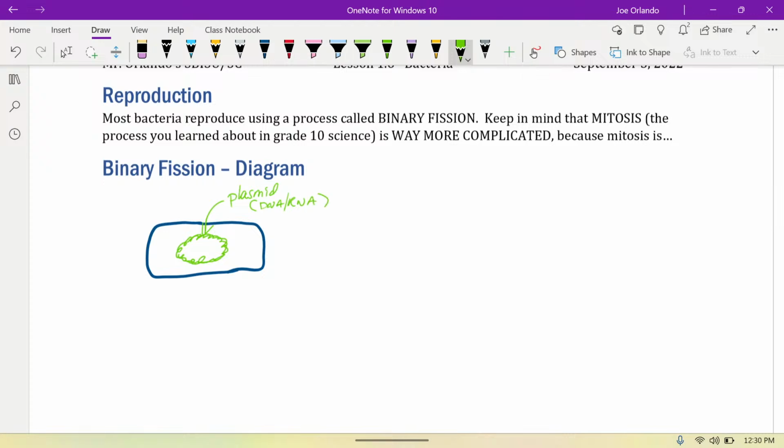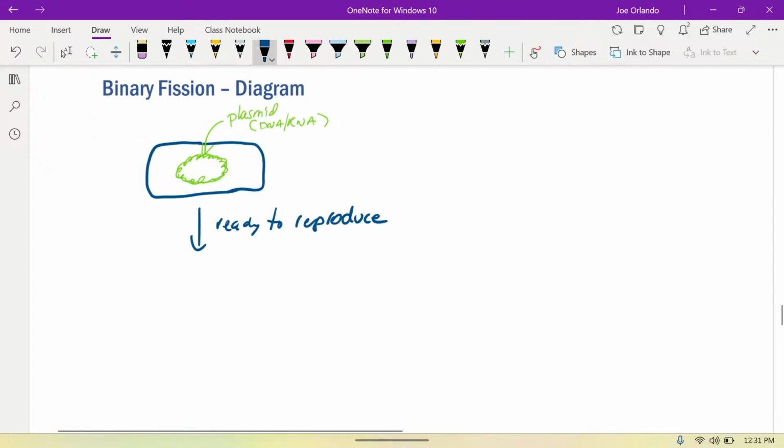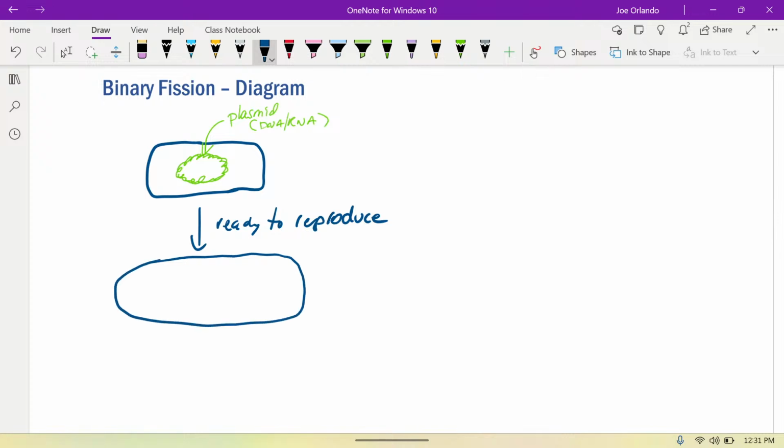And then when it's ready to reproduce, it does two things. When it's ready to reproduce, and bacteria frequently, basically, that's all they do. They kind of get born and then they live a little bit, then they reproduce, then repeat. Two things happen. One is that the cell is going to start to grow bigger.